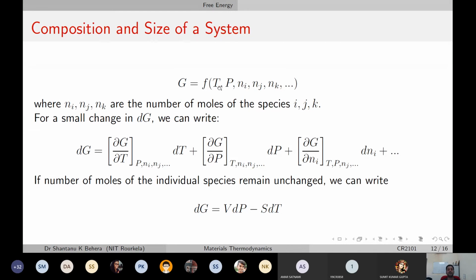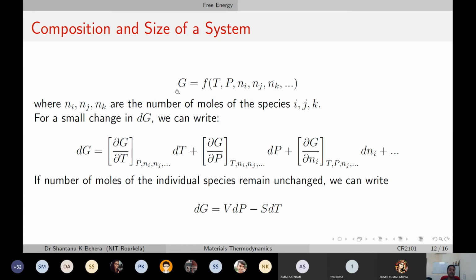It's not simply a function of only temperature and pressure. It can also be a function of the number of different species, and quantitatively how they are represented by the number of moles of the different species.